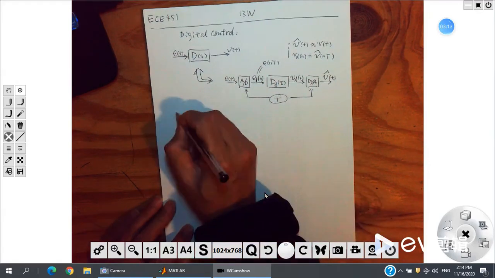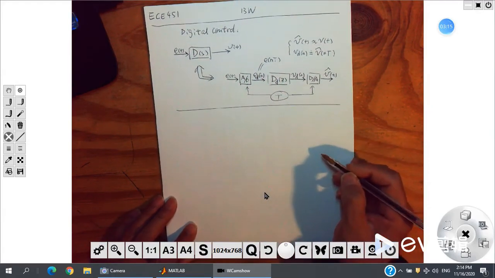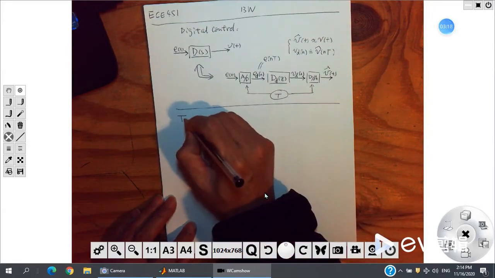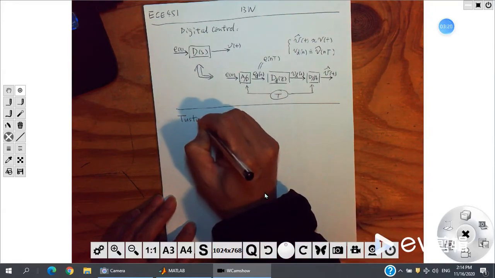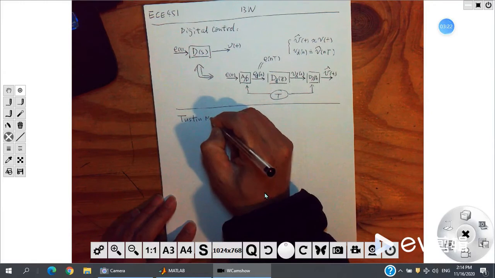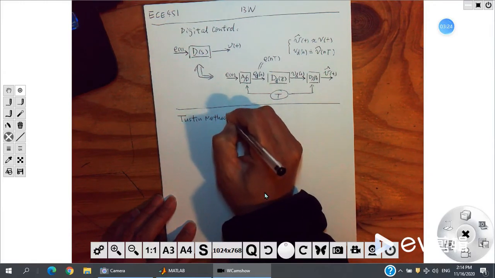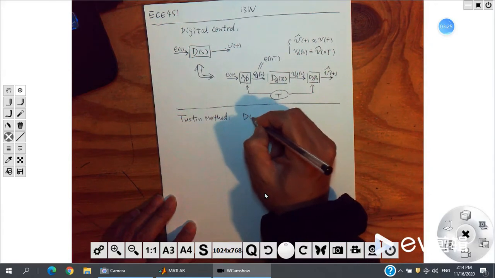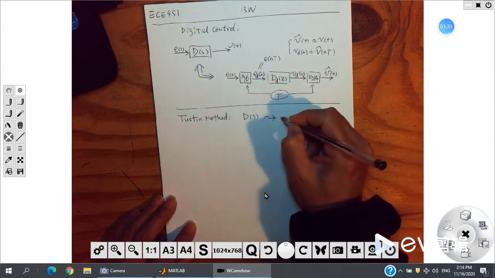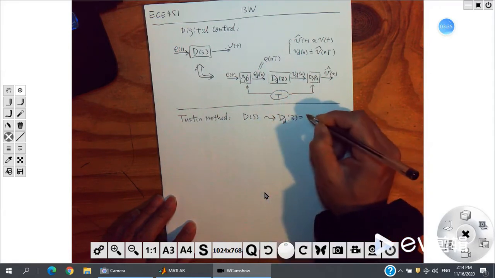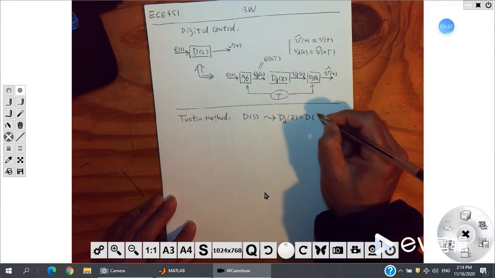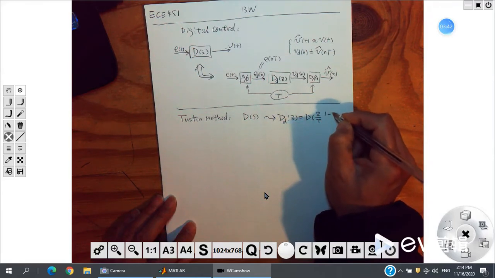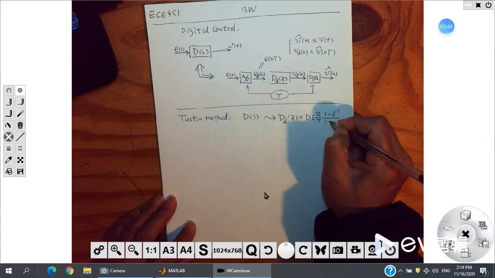The last time we gave a method we call the testing method. We go from D of S to capital D of Z. This is just D of S, but replace S by 2 over T times 1 minus Z to the negative 1 over 1 plus Z to the negative 1.